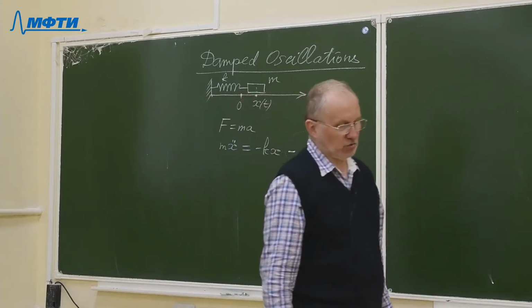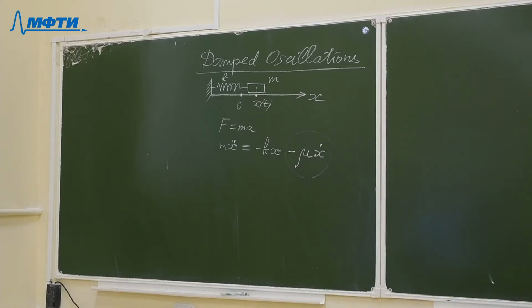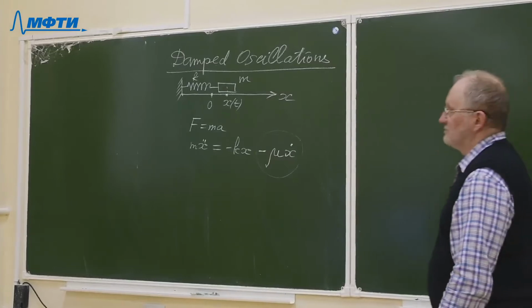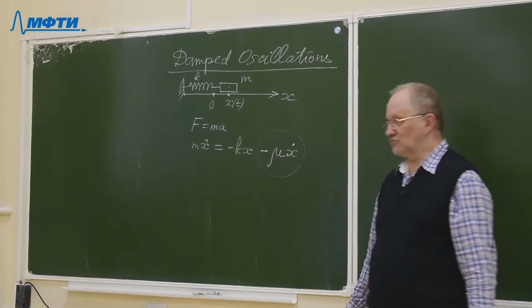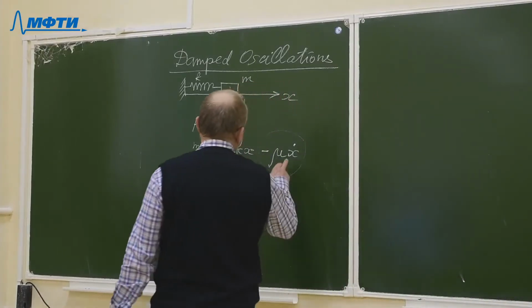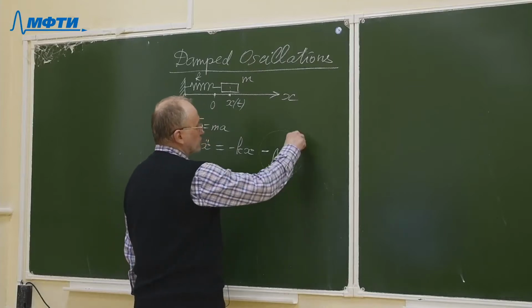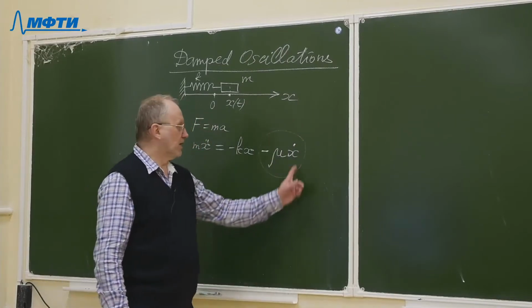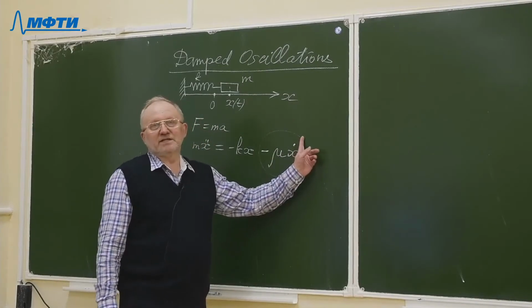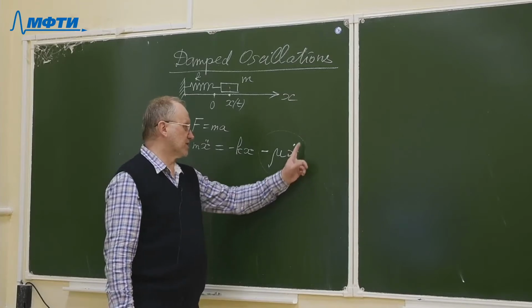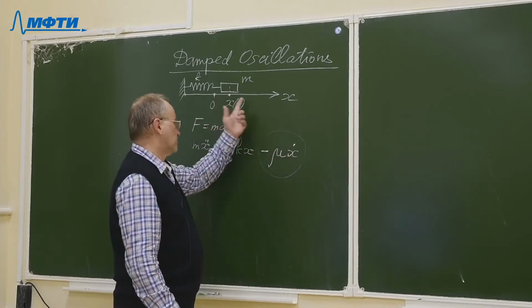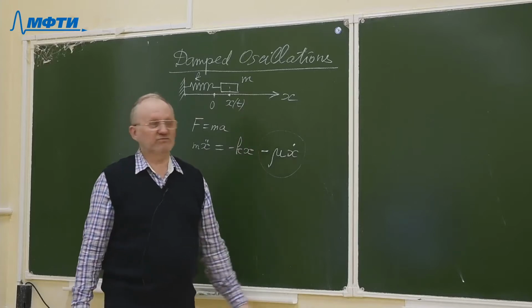Experiments show that this is true for small velocities, not very high velocities. If the velocity is growing, if it's large enough, then the force will be proportional to the square of the velocity. But we will not consider large velocities, we will consider small velocities, when this body is just oscillating here and the velocity is not very large.